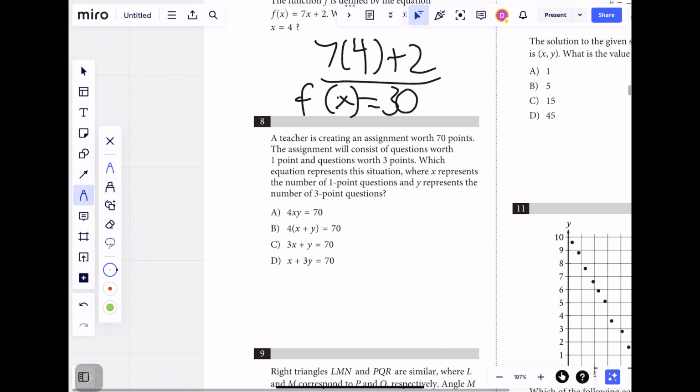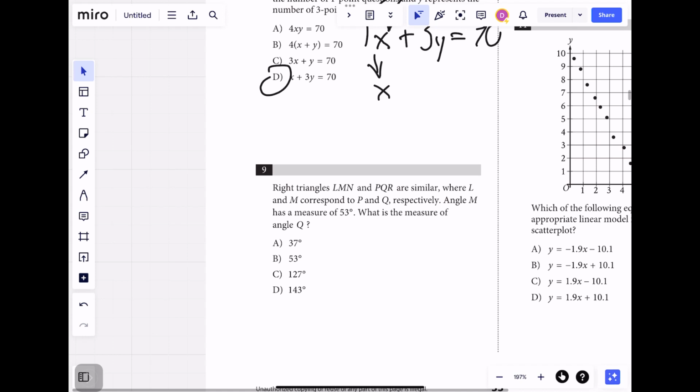We can set this up by saying 1x, with 1 representing the number of points per x question worth 1 point, plus 3y, with 3 being the number of points per y, the 3-point questions, and that equals 70. And 1 times x is just x, so that's going to be this one.